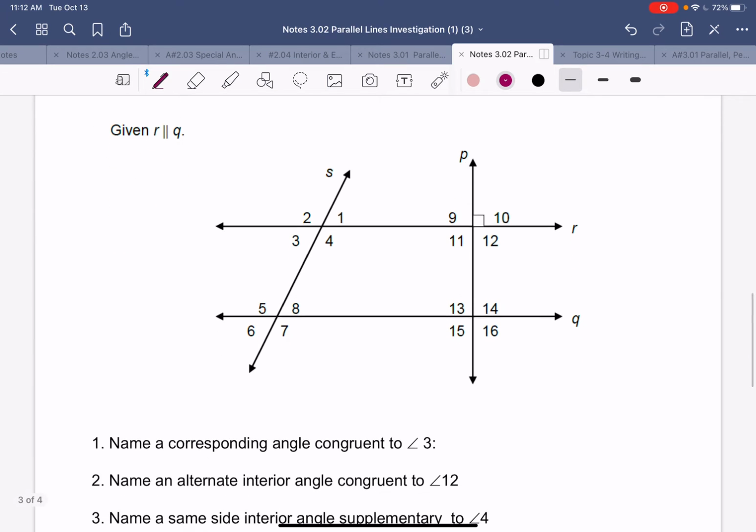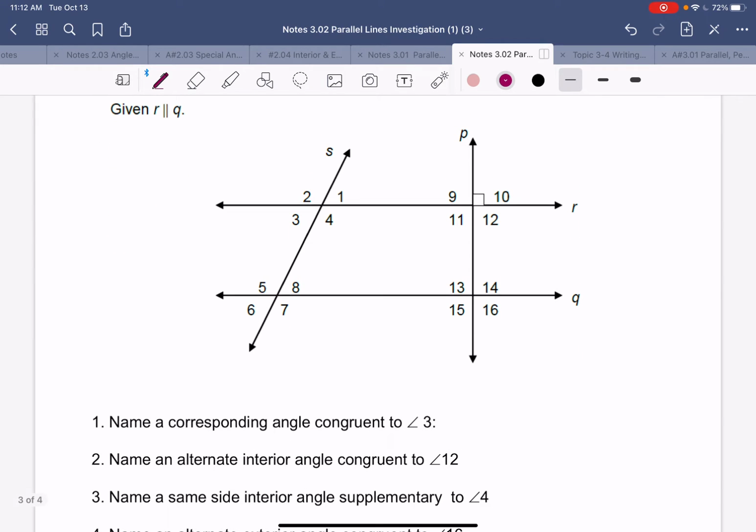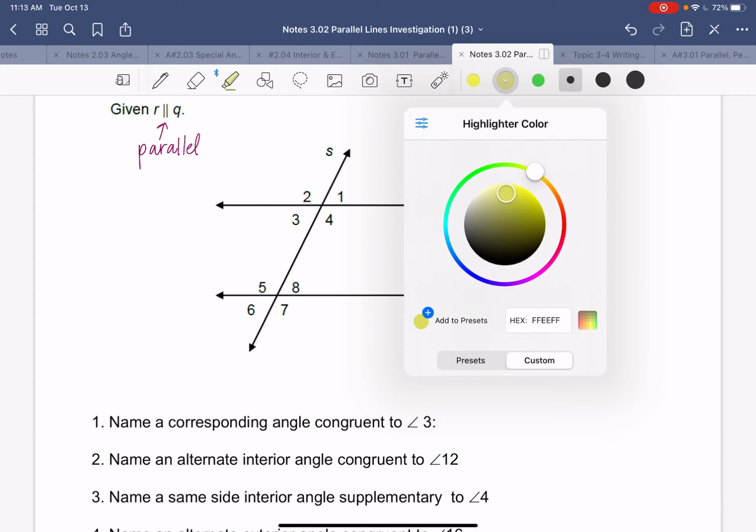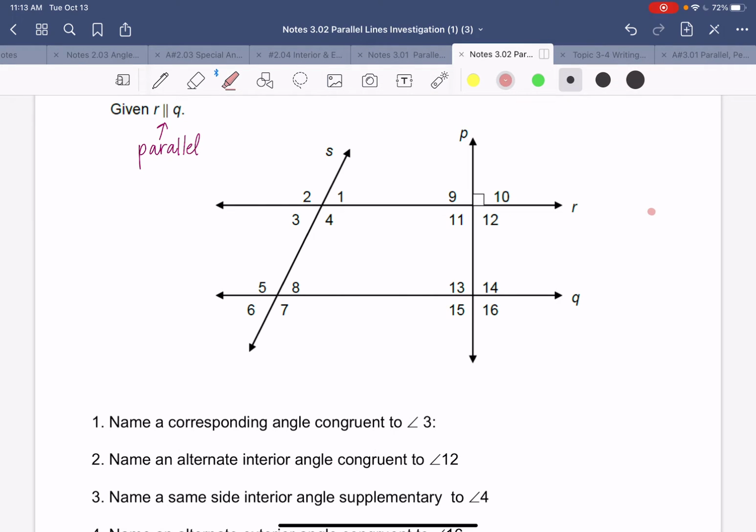All right. Examples. It says, given that R and Q are parallel. That's what this line means. If you look closely, we have two different transversals here.